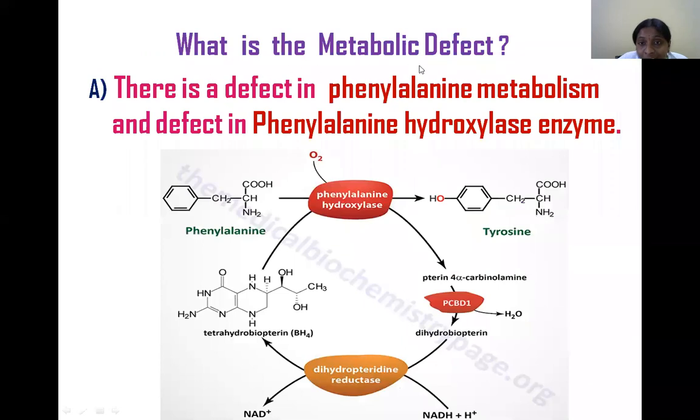What is the metabolic defect? There is a defect in phenylalanine metabolism, a defect in the phenylalanine hydroxylase enzyme. Here the phenylalanine is not converted into tyrosine due to the defect of the phenylalanine hydroxylase enzyme.